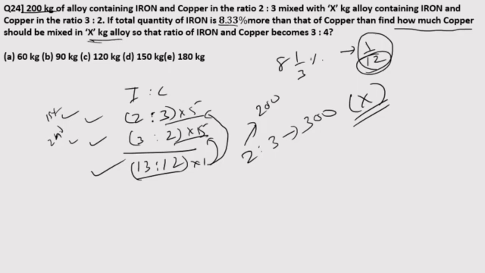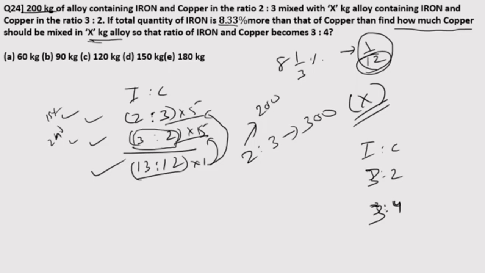The ratio of iron and copper in the x kg alloy, this second alloy, is 3 is to 2. How much copper should be mixed in x kg alloy so that the iron and copper ratio becomes 3 is to 4? Final ratio is 3 is to 4.